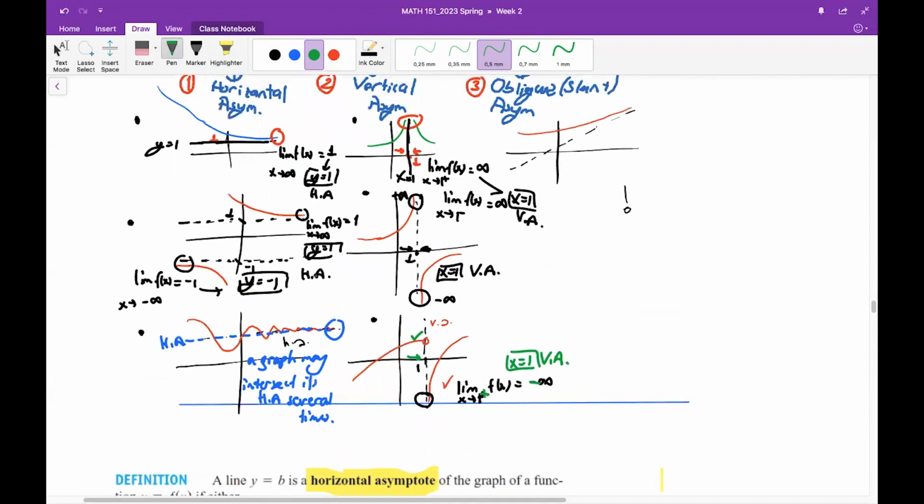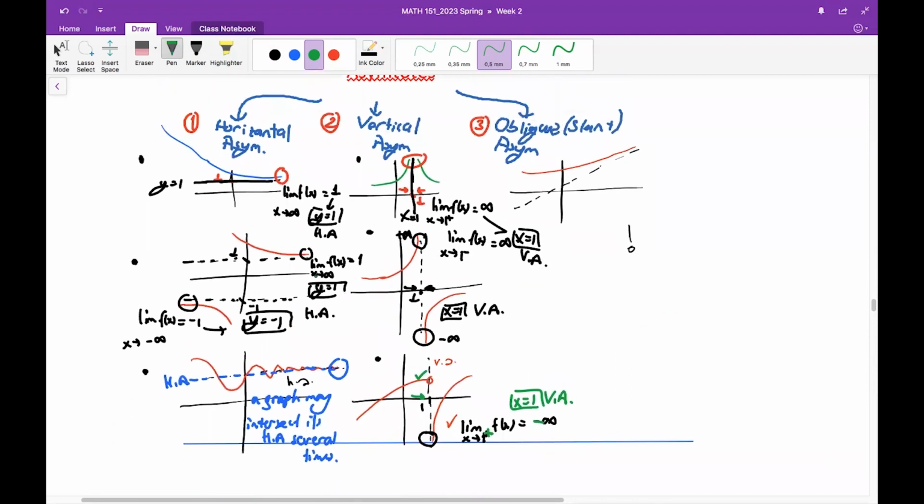This may also happen. And finally, what is an oblique asymptote? Oblique asymptote is, in fact, the generalization of horizontal asymptotes. You see, this is a horizontal line. In the oblique case, we let this horizontal line be any line. It doesn't need to be horizontal anymore. Now it is in this form, y equals ax plus b.